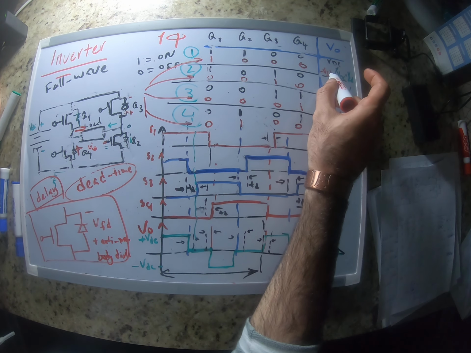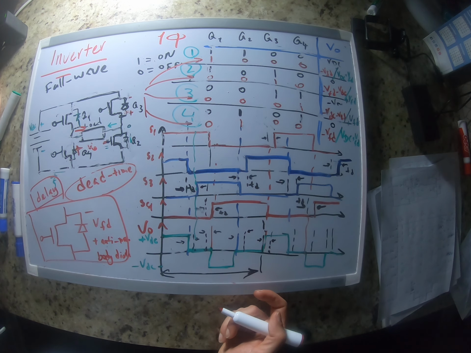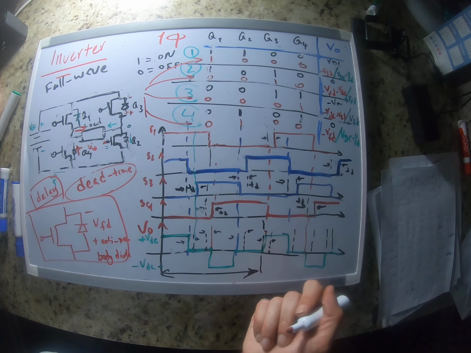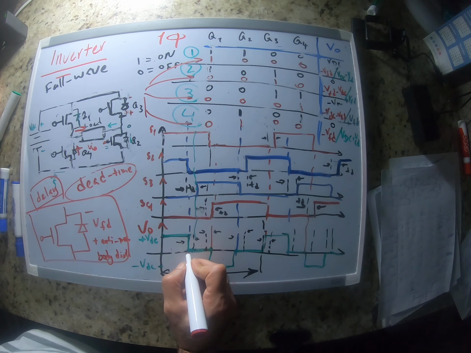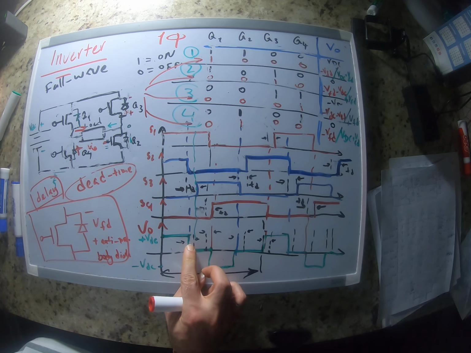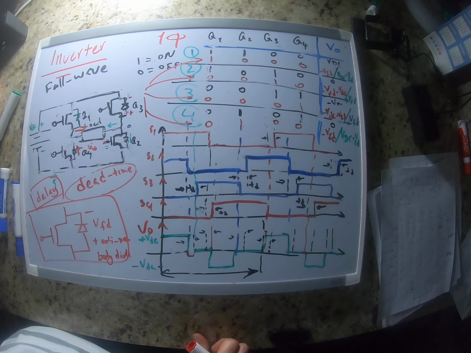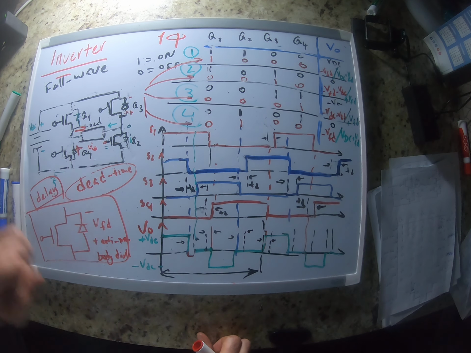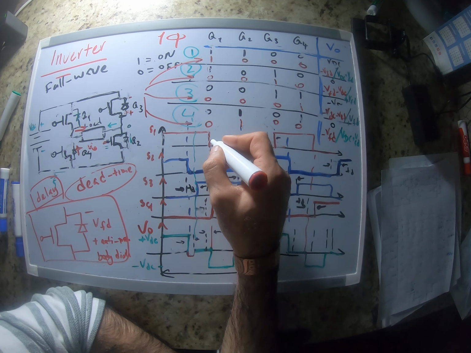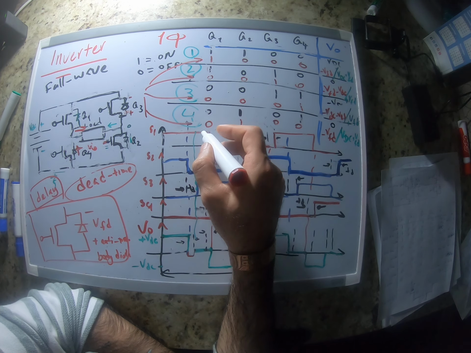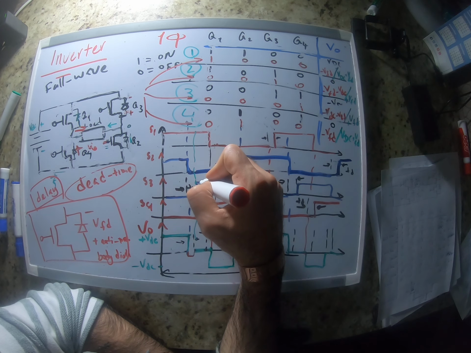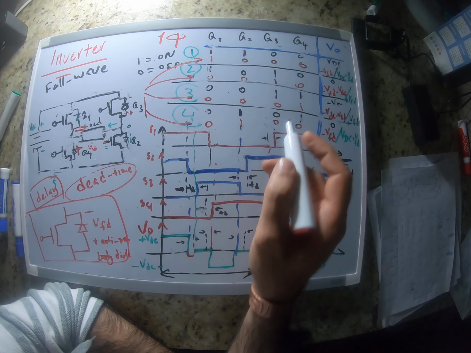So if that's the case, switch 1 is on and the other switches are off. So the voltage across the load is gonna be negative VFD. Okay, so negative VFD, let's assume negative 1. So it's gonna be a very small voltage. So it's gonna be something like this. Right? Now here, again, we have switch 1 and switch 3 on at the same time, so the voltage is 0.